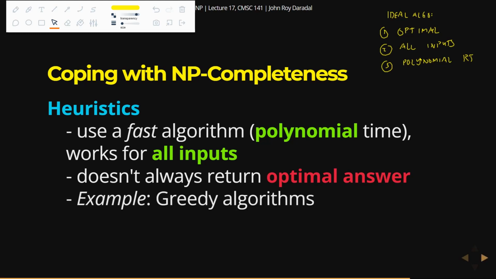You remember the greedy algorithm that we had for set cover? We said that set cover is NP-complete. It was fast, it ran in polynomial time, it worked for all inputs, but it didn't always return an optimal answer. But it returned an answer that was close to optimal. So we only had number 2 and number 3, but we don't have optimal. That is what we sacrificed.